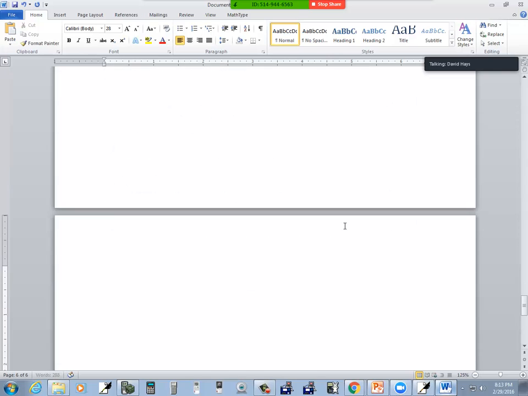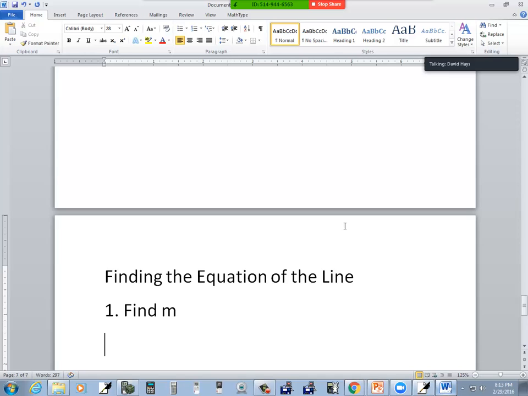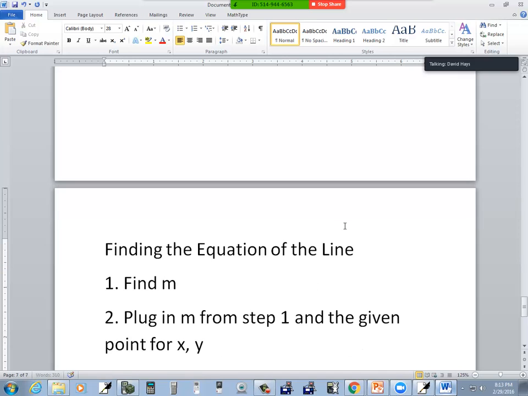Well, for finding the equation of a line, our first step is to find m. Our second step is to plug in m from step 1 and the given point for x and y into y equals mx plus b and solve for b.